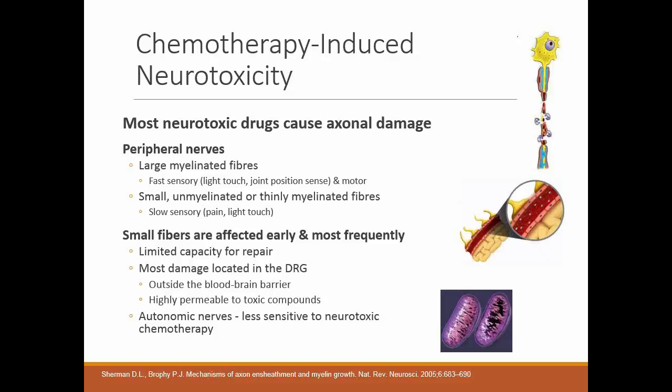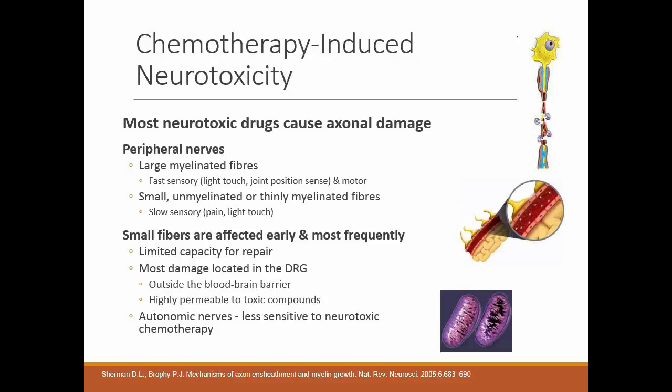And this is due to the relative lack of myelin. And here there's less interaction between the axon and its Schwann cells, which between them are thought to promote remyelination and the restoration of axonal function. So the repair of neurons with thinner myelin is often a lot slower, and this is why these sensory symptoms persist for a lot longer and sometimes are irreversible depending on the dosing.